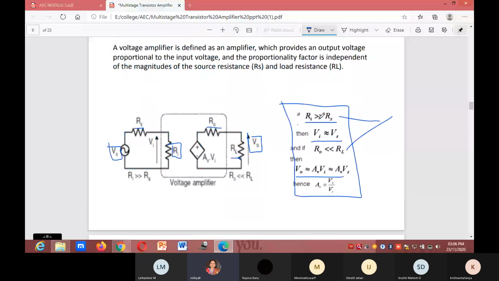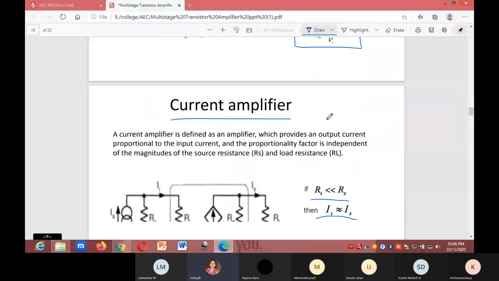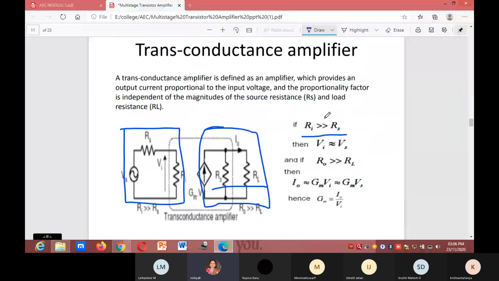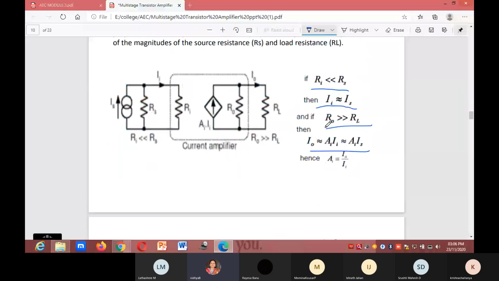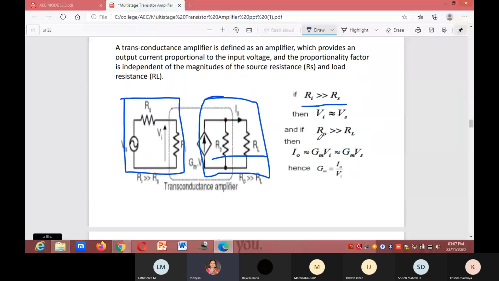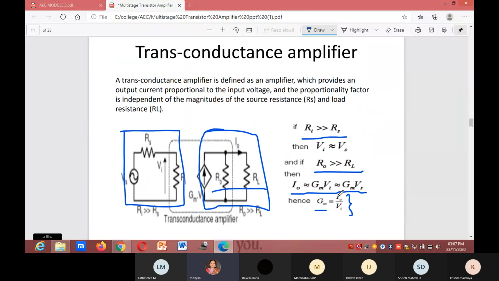But the output side is like the current amplifier, so we need to consider the condition R naught greater than RL. Then I naught is equal to Gm into Vi, that is equal to Gm into Vs. Gm is equal to I naught divided by Vi. Here, in transconductance, the input is voltage and the output is current.